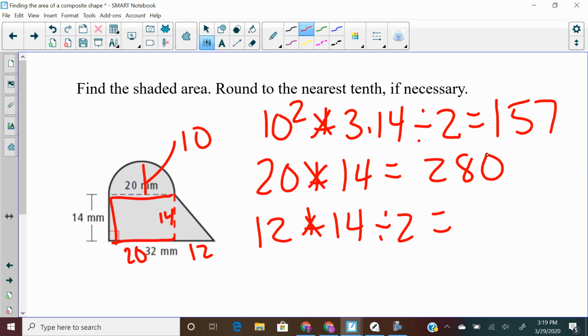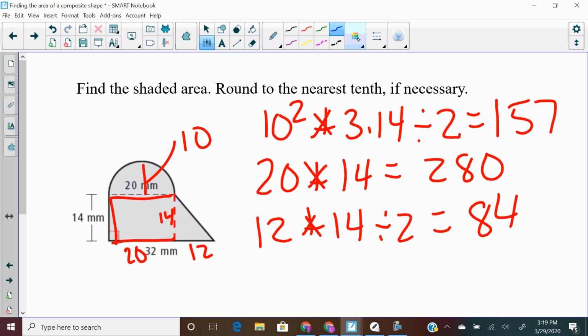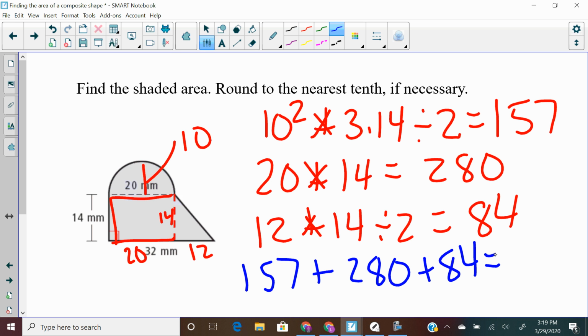And then 12 times 14 divided by 2 is 84. My last step is to add them all together: 157 plus 280 plus 84. I get 521 millimeters squared.